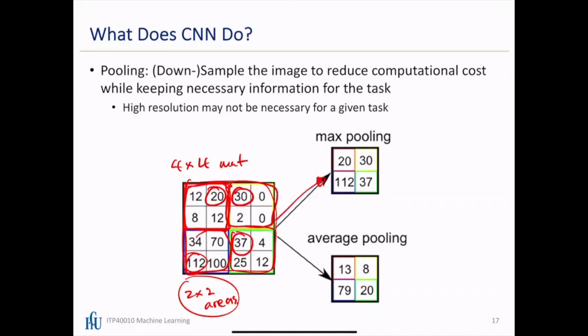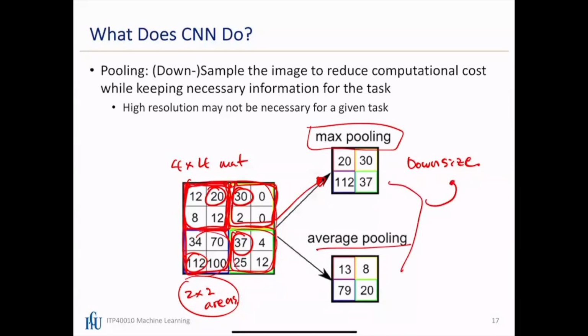Then it effectively downsizes your original image. Because you are taking the maximum out of each area, this is called max pooling. There is an alternative, taking the average of this 2x2 region. Either way, you can downsize your original input to a smaller image.